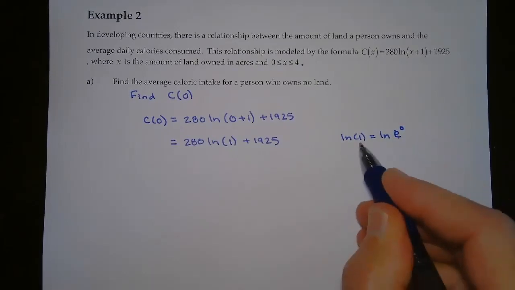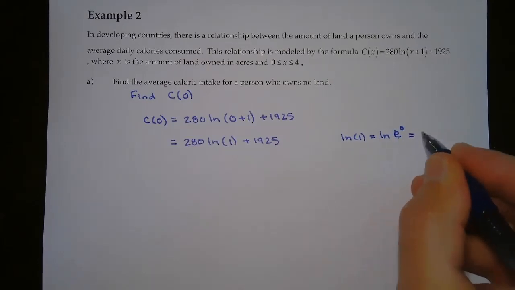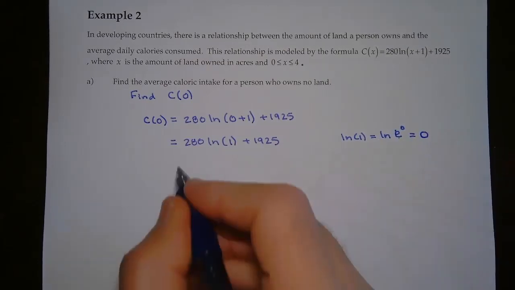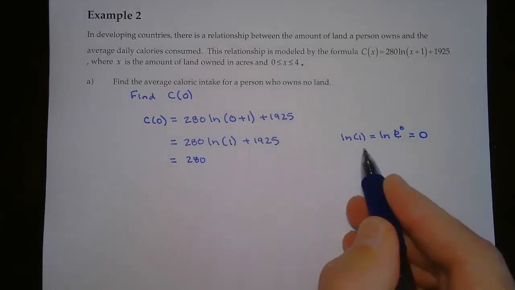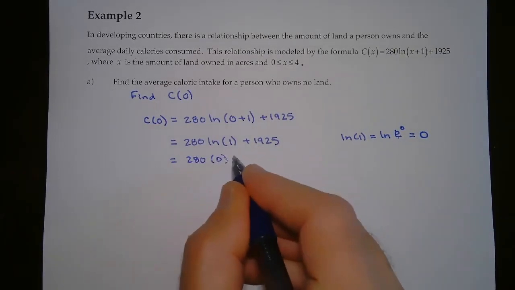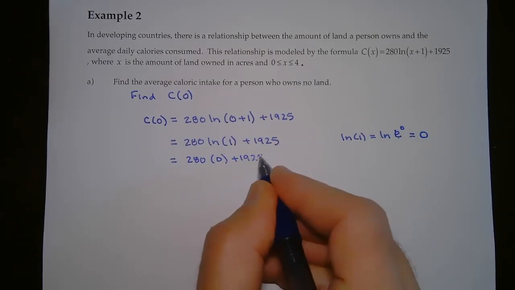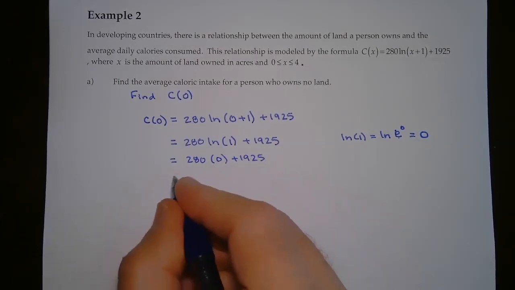E to the 0 and 1 are the same thing. Okay, but now we can read this one and tell, oh, this is just going to be 0, right? So this becomes 280 times the natural log of 1, which we just showed over here is 0. So times 0 plus 1925. Well, 280 times 0 is 0, right? So it's 1925.